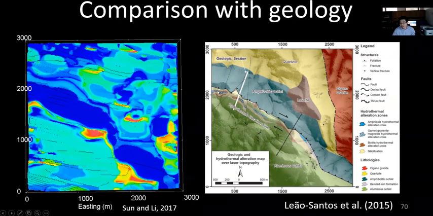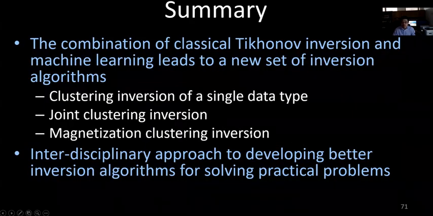You notice that all hydrothermal alteration zones are distributed along this fault. These are where most of the mineralization deposits are located. If you compare the shape and location of this low standard deviation zone and these hydrothermal alteration zones, they're highly consistent.